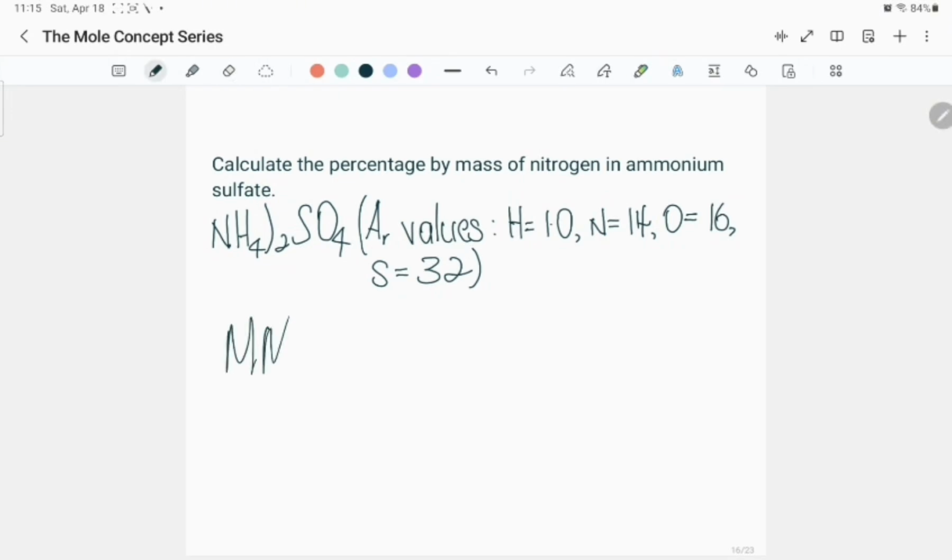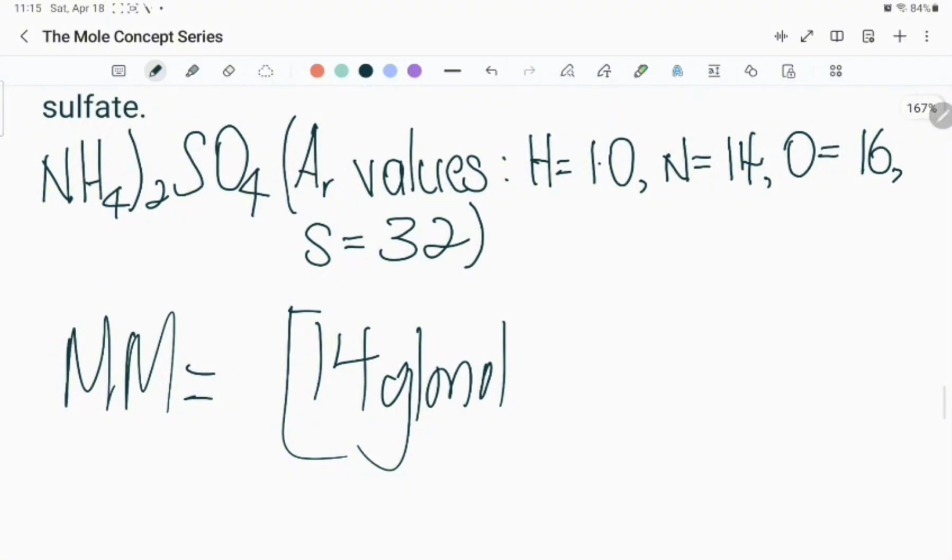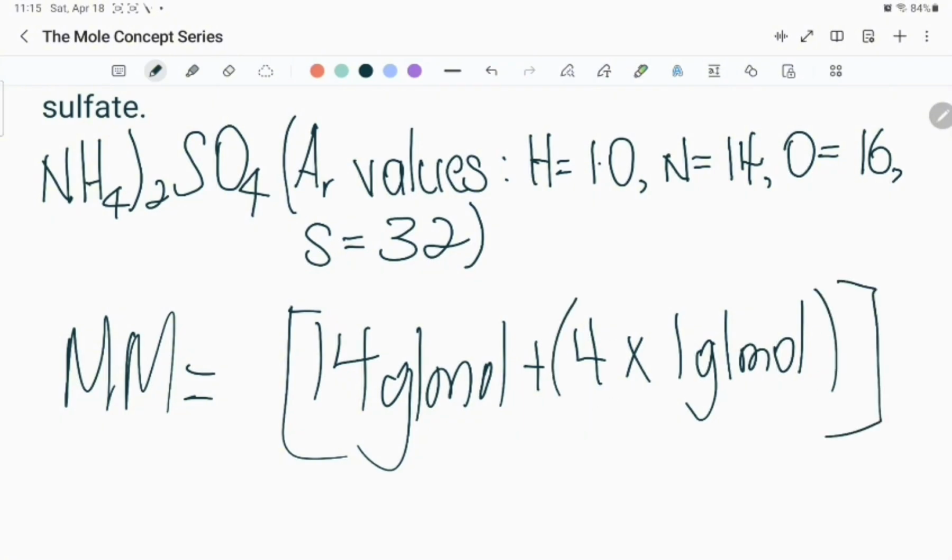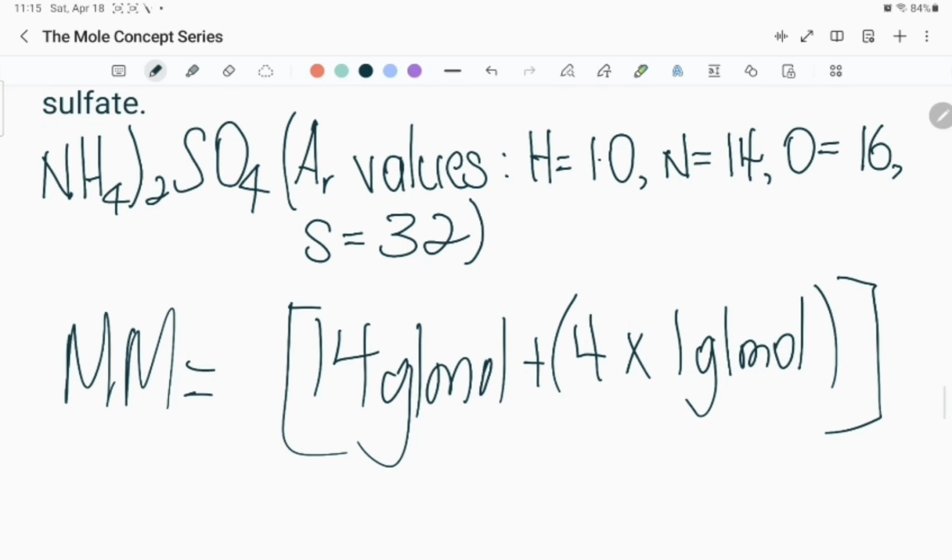So the molar mass of ammonium sulfate will equal nitrogen, which is 14 grams per mole, plus 4 times 1 gram per mole, and this will be multiplied by 2 because this 2 here governs everything in this bracket.